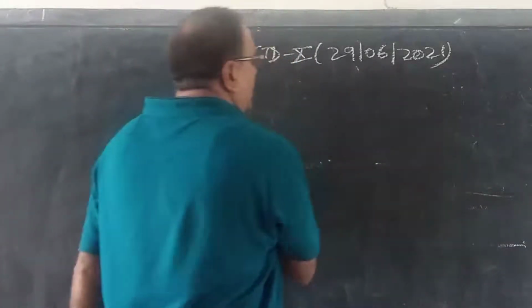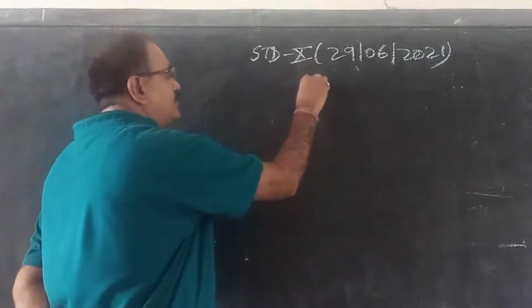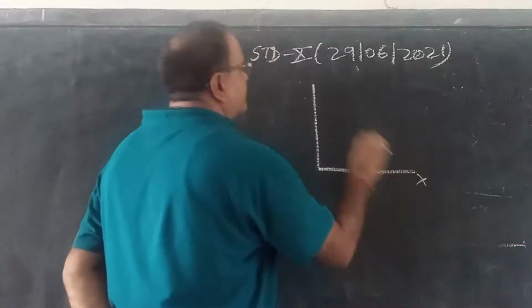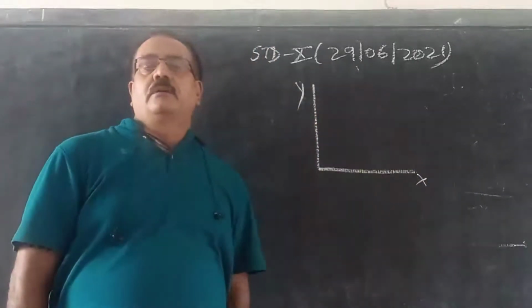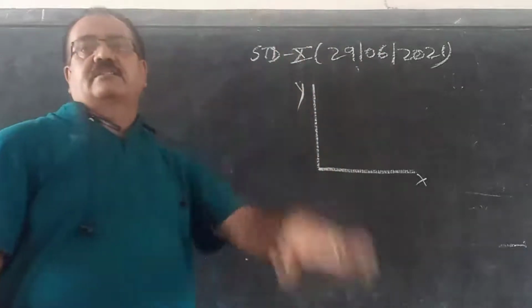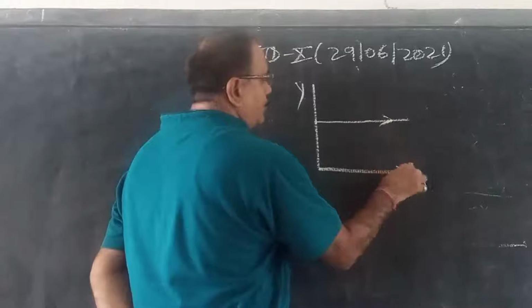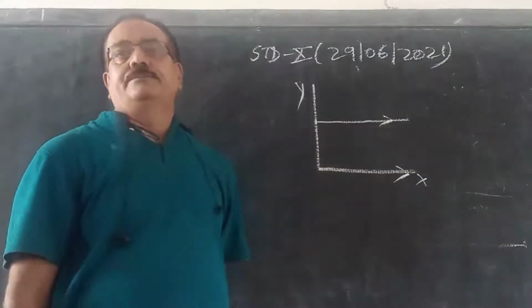Now, certain conditions. First, this is x-axis and y-axis. If a line is parallel to x-axis, in this case, what is the equation of that?